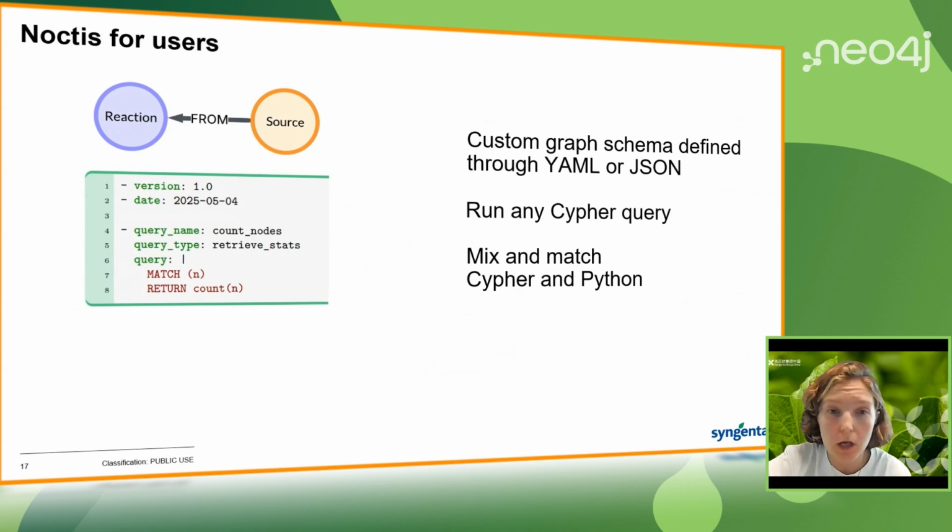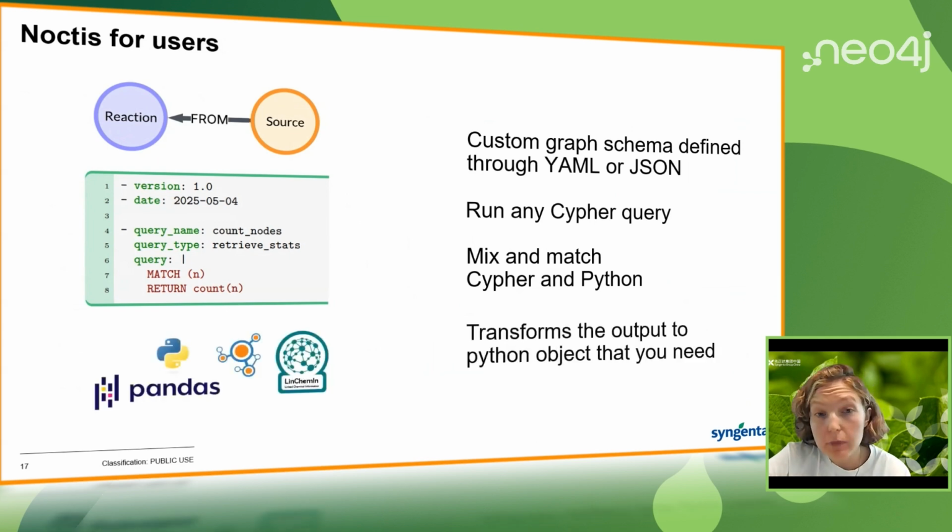You can run it in Noctis, and if you want also something fancy, you can mix and match Cypher and Python functions. And last but not least, any output of the query can be transformed into familiar outputs, for example, a plain list of SMILES or NetworkX graph or pandas data frame, you pick it.